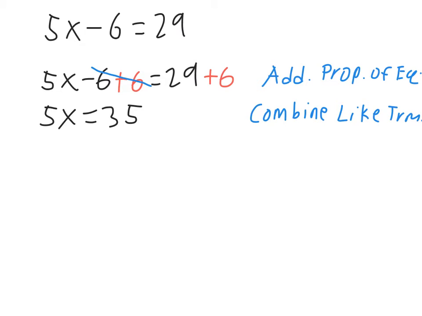We need to undo it. So what we're going to do here is divide both sides by 5. We were multiplying by 5, so we're going to do the opposite and divide by 5.